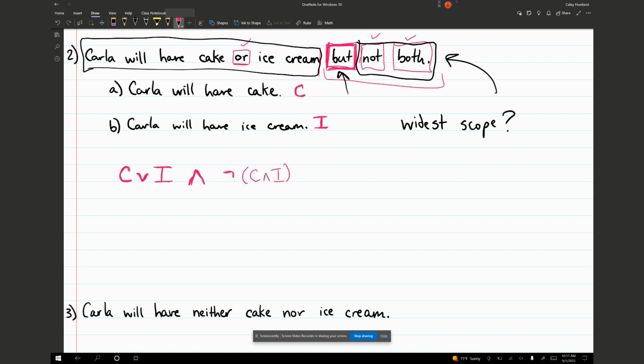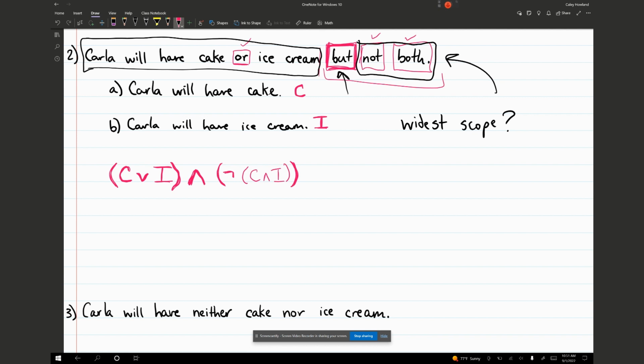And so that means that if this conjunction right here is our widest scope connective, then we need parentheticals that enclose the left conjunct and the right conjunct. And so this is going to be the left conjunct. So those are the parentheses that we need on the left. And then this is the right conjunct. And so these are the parentheticals that we need on the right.